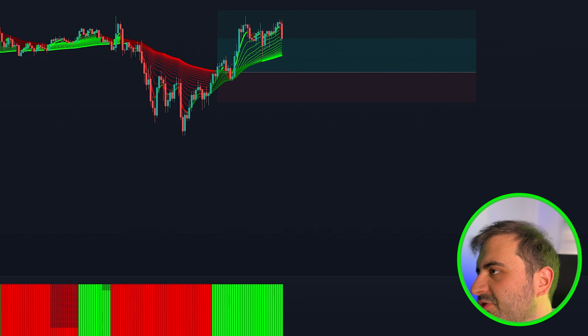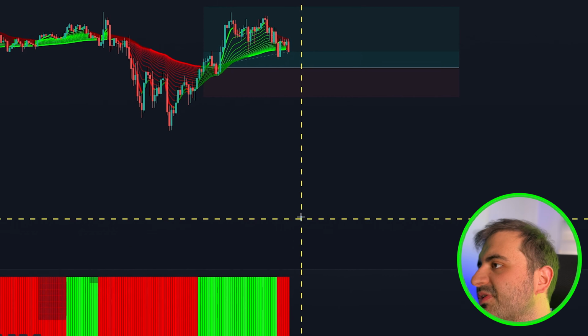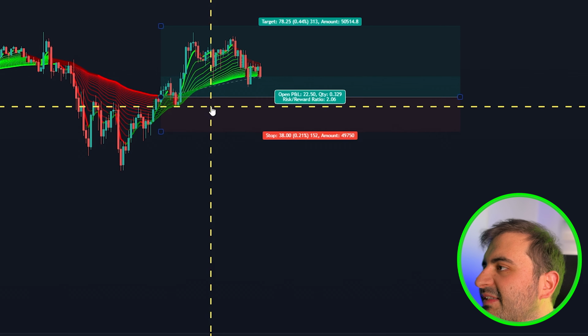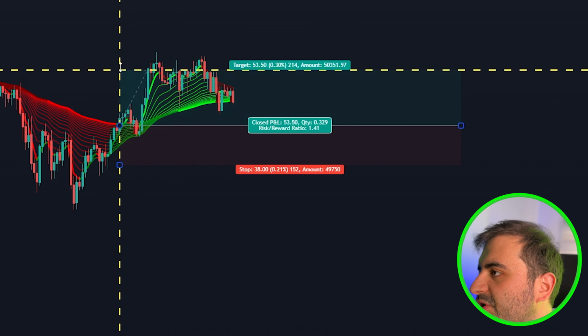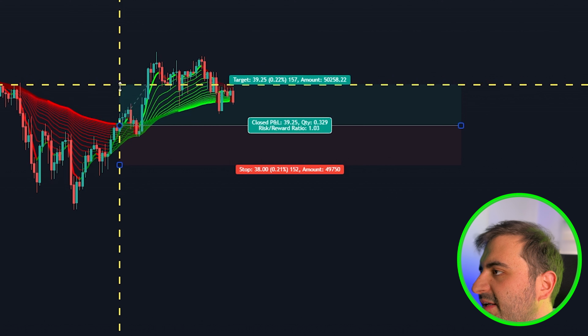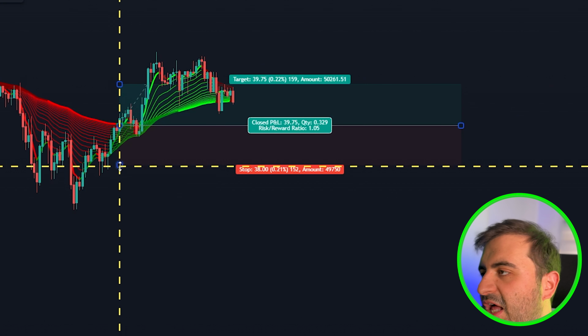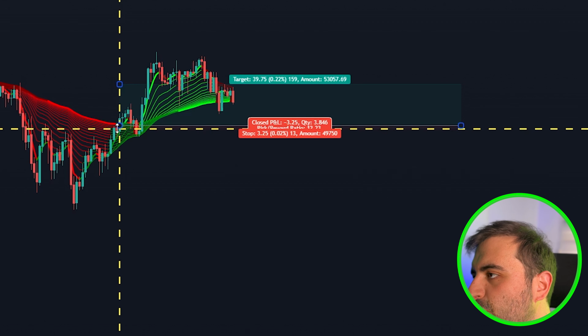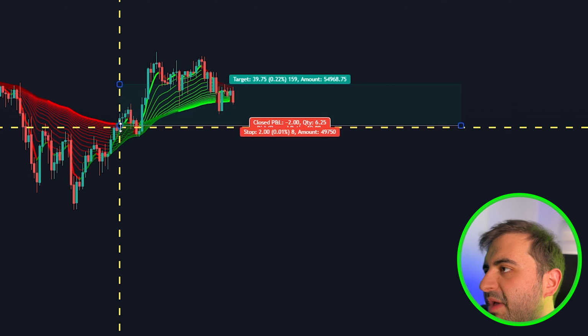The Donchian Trend Ribbon, you will watch all the time, it's still green and then it becomes red. Now let's see it. We see that the price went above the 1 to 1 risk reward ratio here, right? 1 to 1 risk reward. After that, we close half of our position and we move to the break-even point.